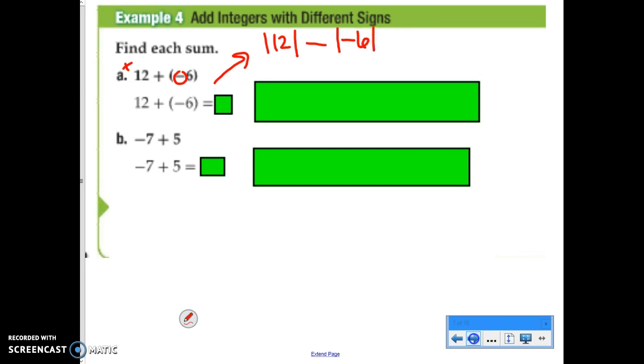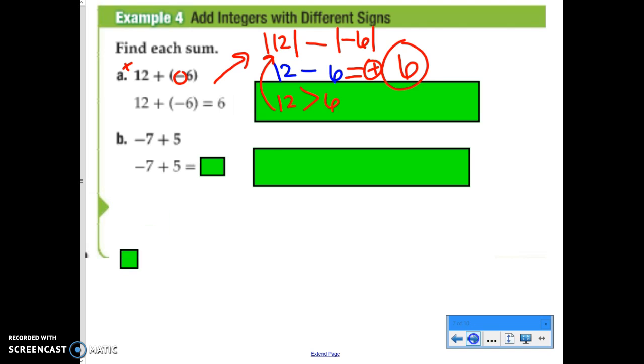When I do that, I know the absolute value of 12 is 12, minus the absolute value of negative 6 is 6, and because 12 is greater than 6, okay, I know that I'm going to follow this sign. So I know my answer is going to be positive, but 12 minus 6 gives us 6. So 6 would be the answer here.